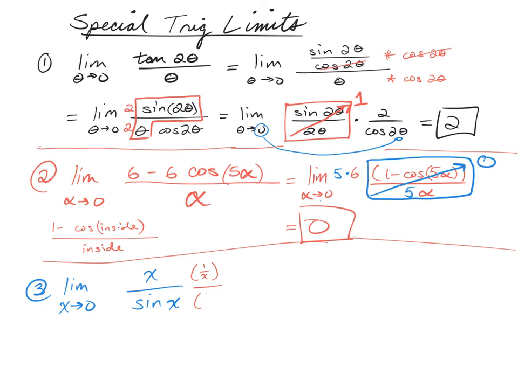If you multiply x times 1 over x, you'll end up with a 1 in the numerator because these x's will reduce away. And in the denominator, if you multiply sine of x times 1 over x, you end up with sine of x over x.